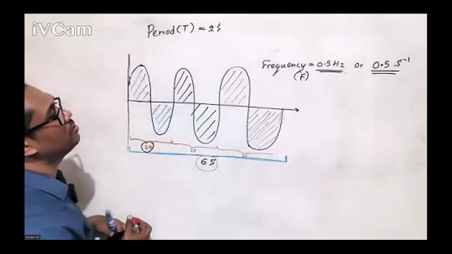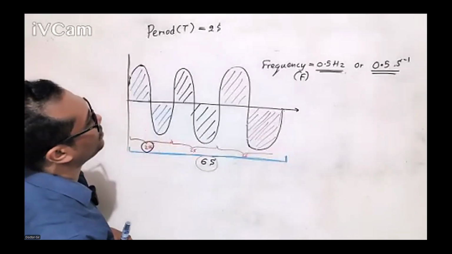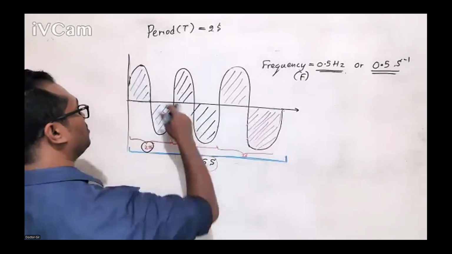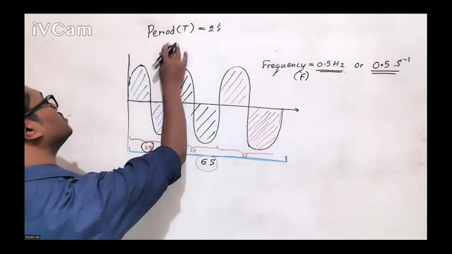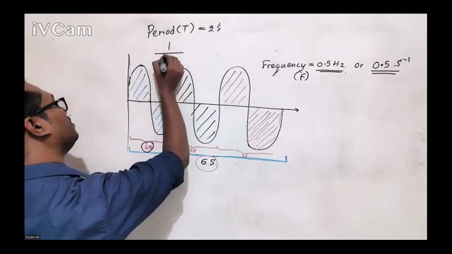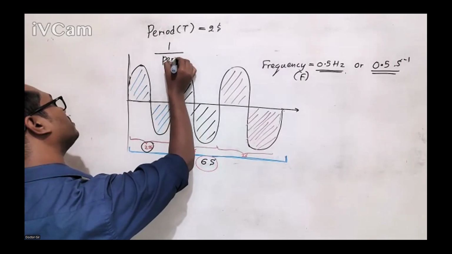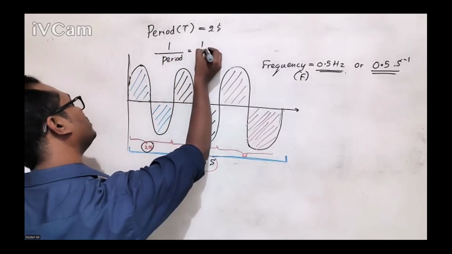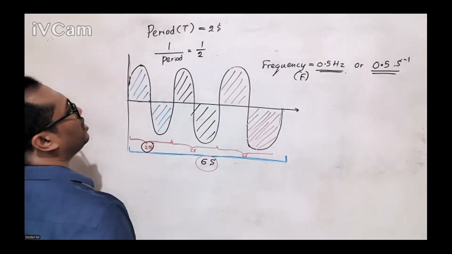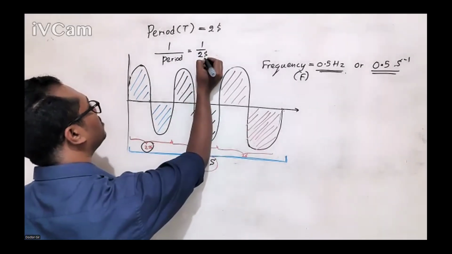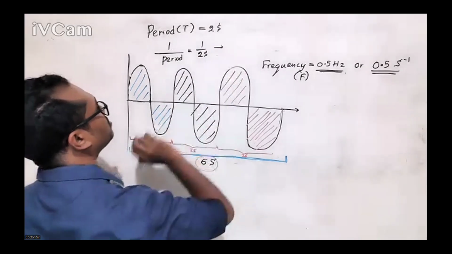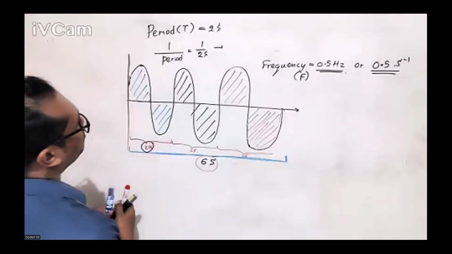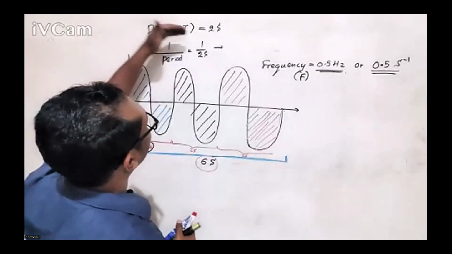Now, what is the way? I will take 1 divided by period. 1 divided by period, so 1 divided by 2 seconds. What I did was find out the period. Period is 2 seconds.